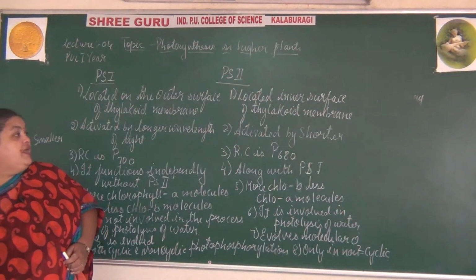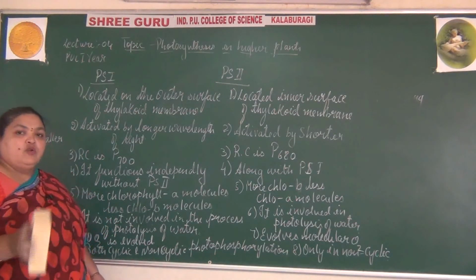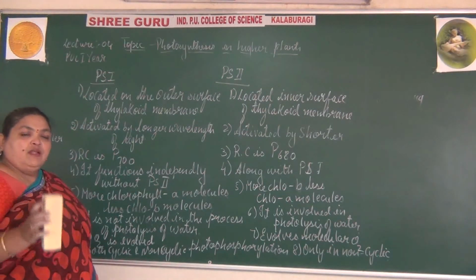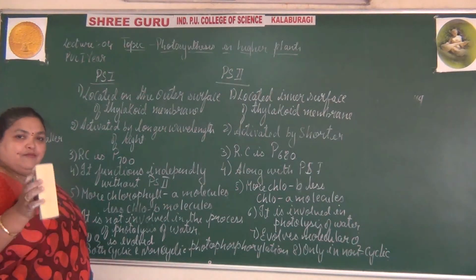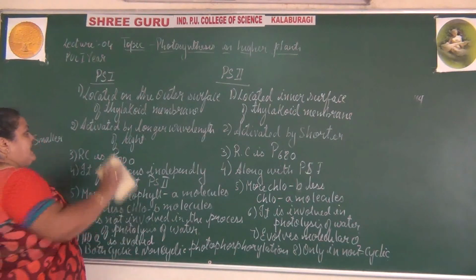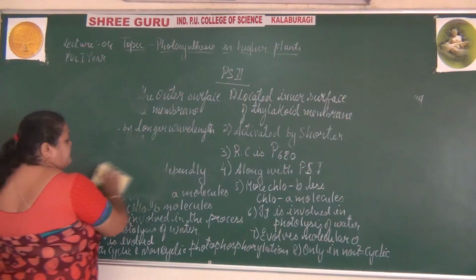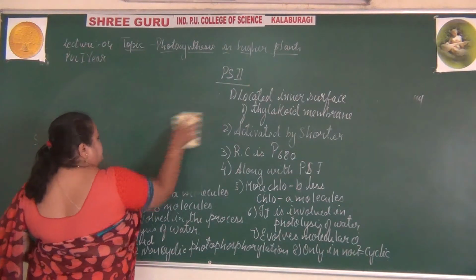So these are the two photosystems that are involved in the process of photosynthesis. Next, we will go to the main topic of photosynthesis, that is the light reaction. I have already given you the definition of light reaction. So what is light reaction?